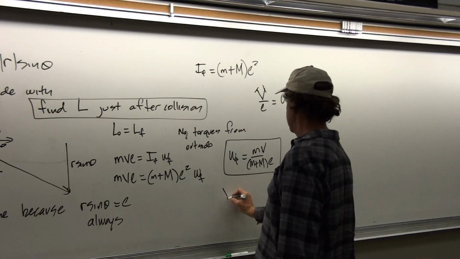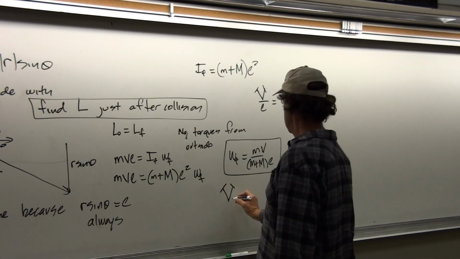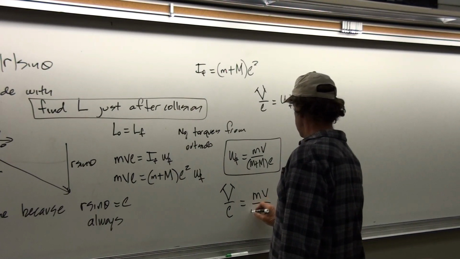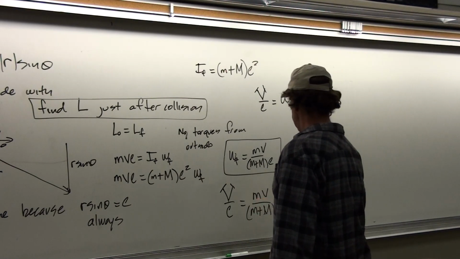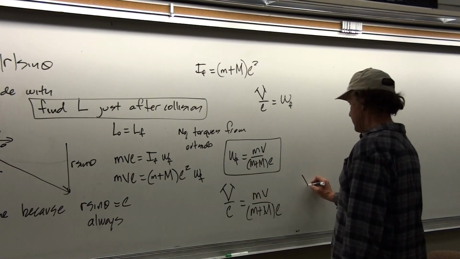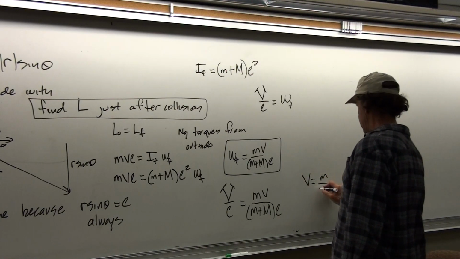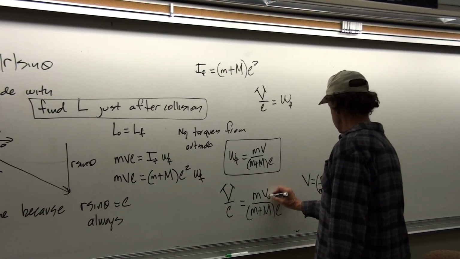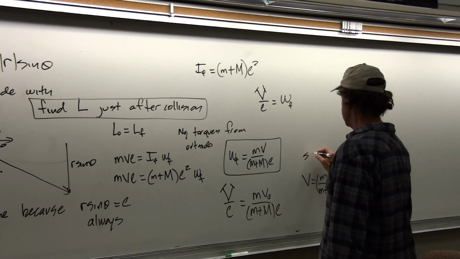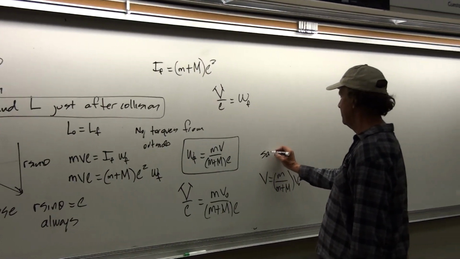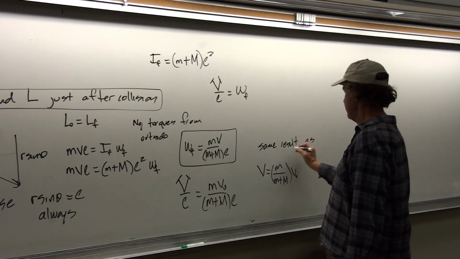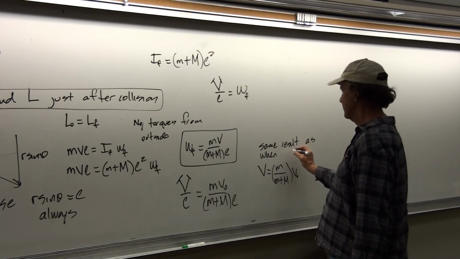Well, if I plug in V over L is equal to little mv divided by little m plus big M times L, then the L's cancel, and that gives me big V is equal to little m divided by little m plus big M times V naught. And this is the same result as we got using conservation of linear momentum during the collision in the ballistic pendulum.